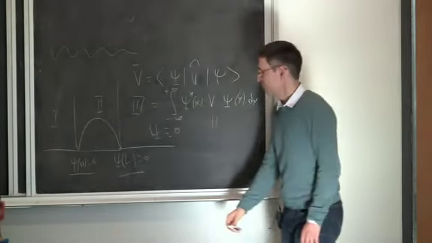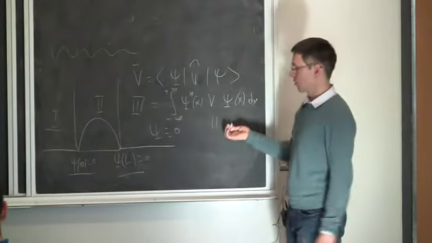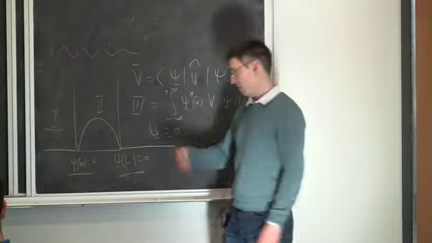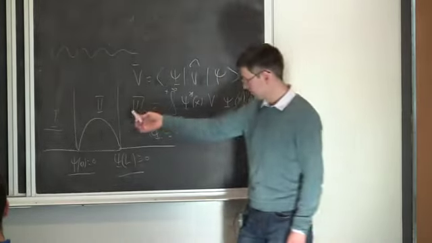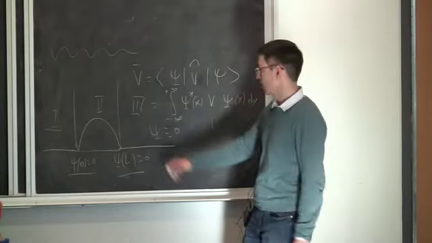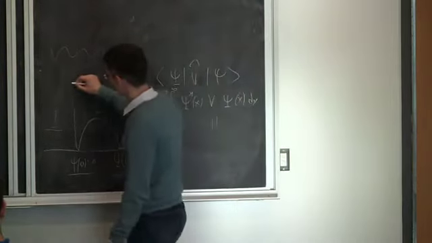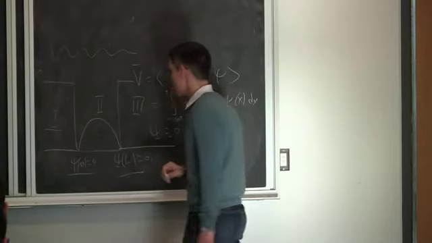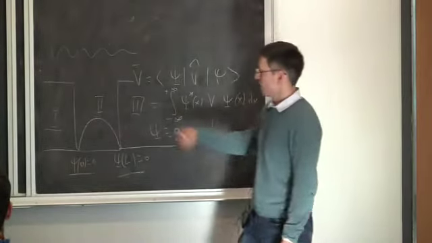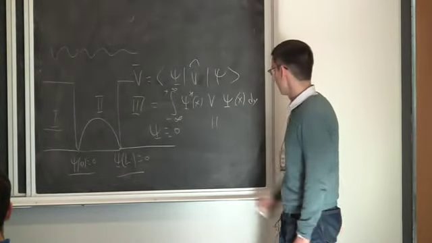In zone 1, the function will be 0, potential infinite. 0 times infinity, in this case 0. Mathematicians would not like that type of talk, but we can always consider the infinite potential as a limit of some finite value, and then it will be 0.